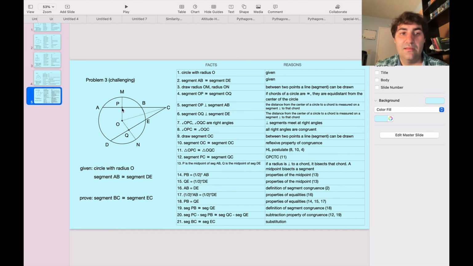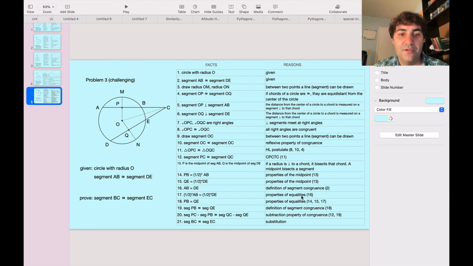So we know that the length of PB is going to be 1/2 times the length of segment AB, and the length of segment QE is going to be 1/2 of the length of segment DE. Therefore, by the definition of segment congruence applied to what I have in 2, we know that the length of AB is equal to the length of DE.